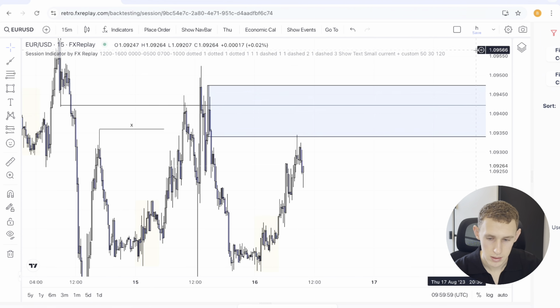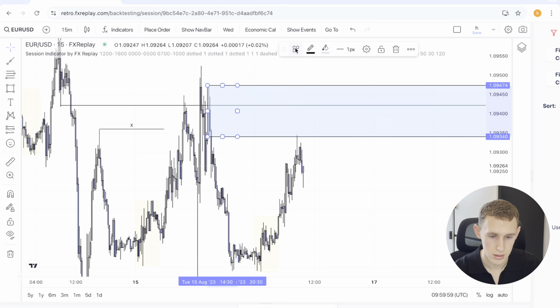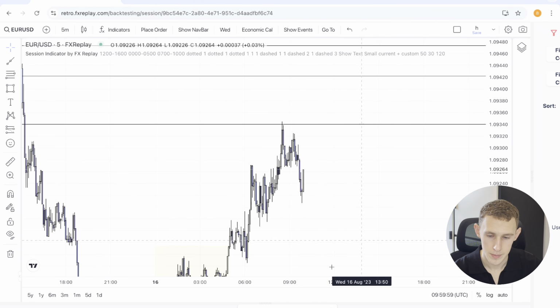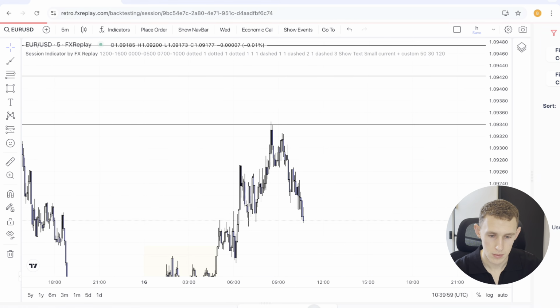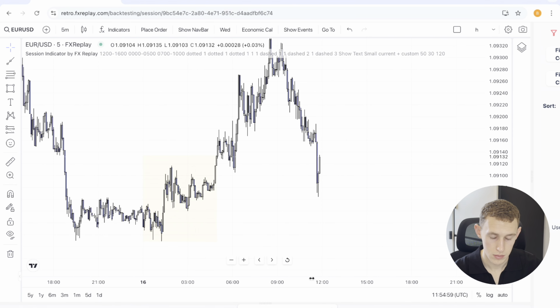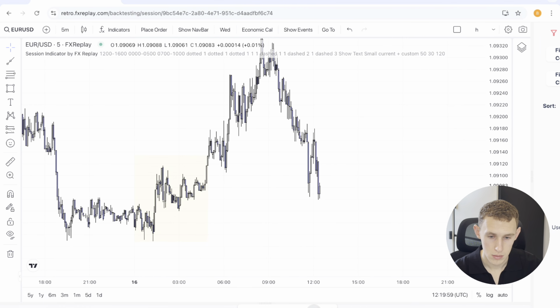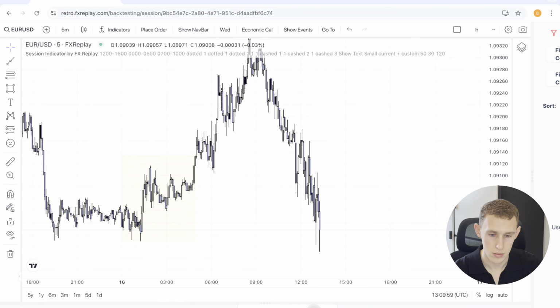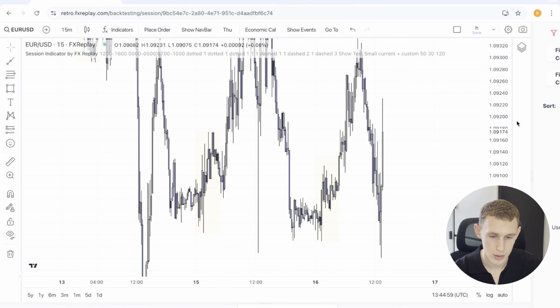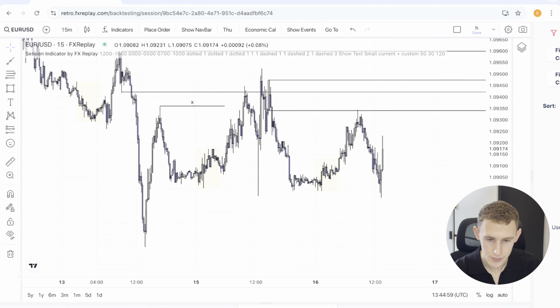So yeah, let's just see. This level could be nice. Yeah, so we did get a reaction, but wasn't really anything too clear there.